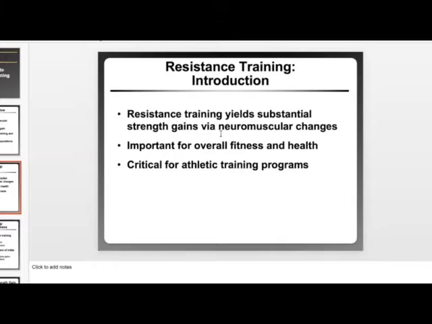So you'll note that it doesn't say muscular changes, it says neuromuscular changes, right? And the neuromuscular system is working in unison. The brain and the muscles are working together so that you can perform daily activities and you can lift weight against the pull of gravity.